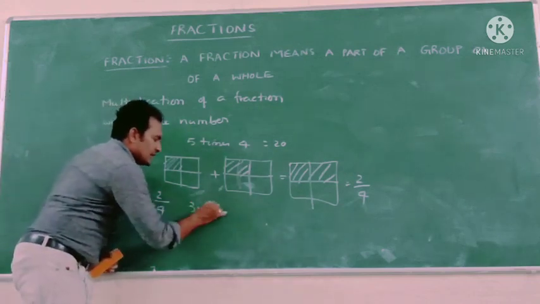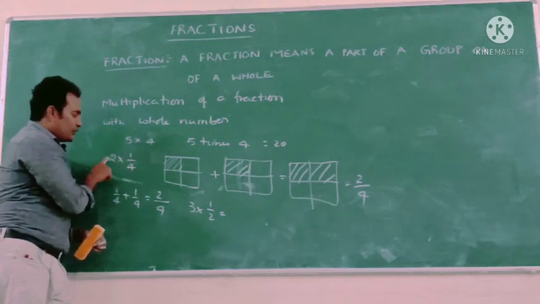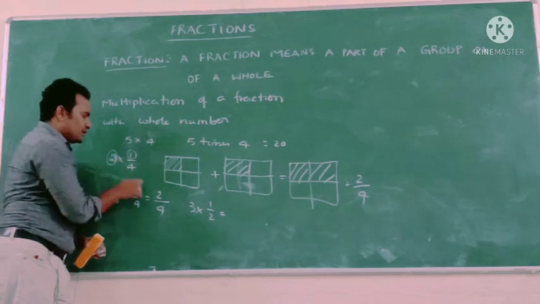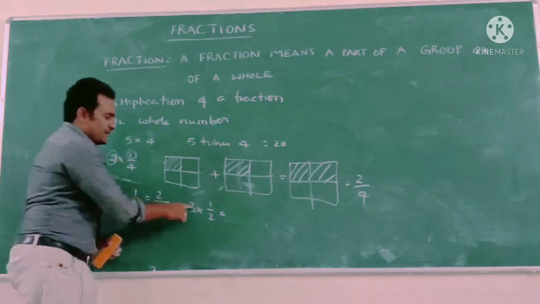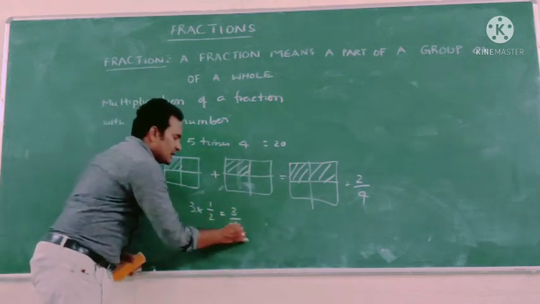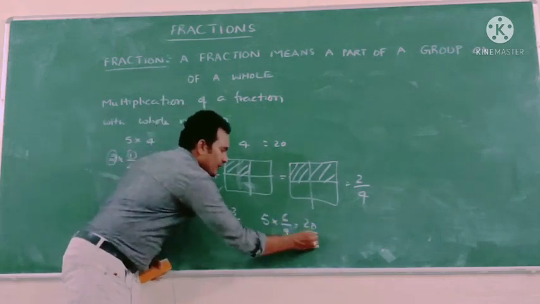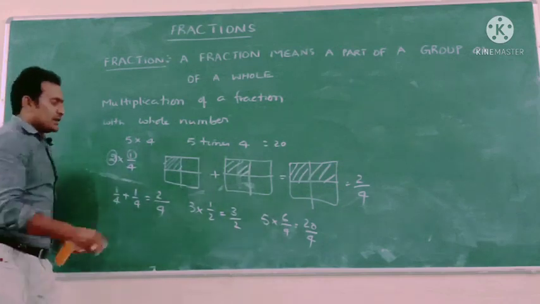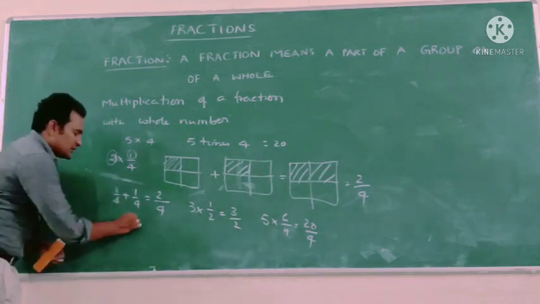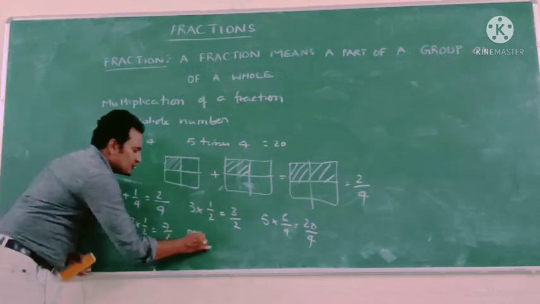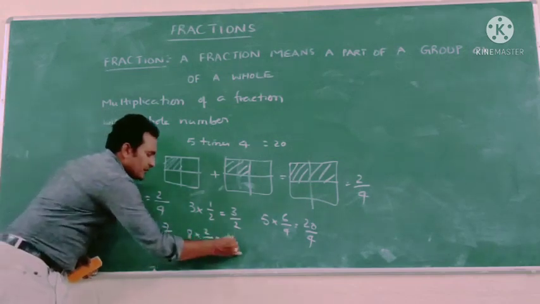You can directly multiply this 2 with the numerator, you will get 2 by 4. In the same way, 3 into 1 by 2 is 3 by 2. 5 into 6 by 4 is 20 by 4. Now 7 into 1 by 2 is 7 by 2. 8 into 2 by 3 is 16 by 3.